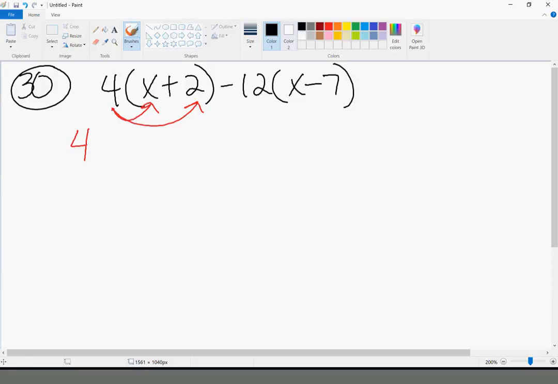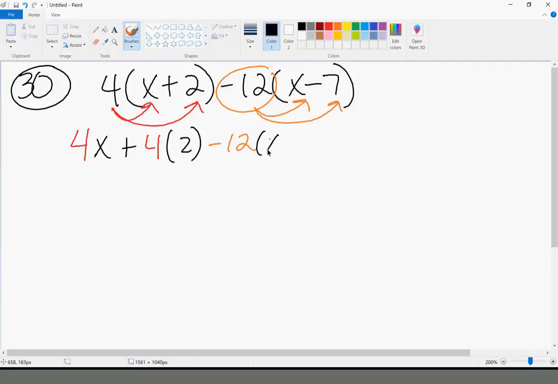So that's 4 times x plus 4 times 2. And then now we're going to distribute this negative 12 inside this expression, x minus 7. So it's going to be negative 12 times x. And then we're going to have negative 12 times negative 7.